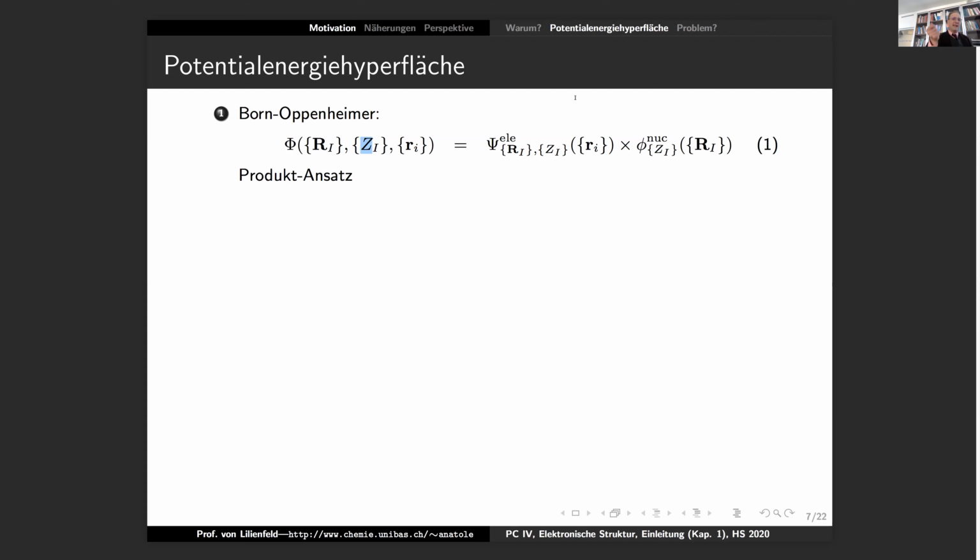The coordinate of your atom is 3D, X, Y, Z, and so it's a bold number. It represents a vector. Your Z is just the nuclear charge, which is the atomic number, and you know it from the periodic table, where all elements are arranged in the order of the nuclear charge.